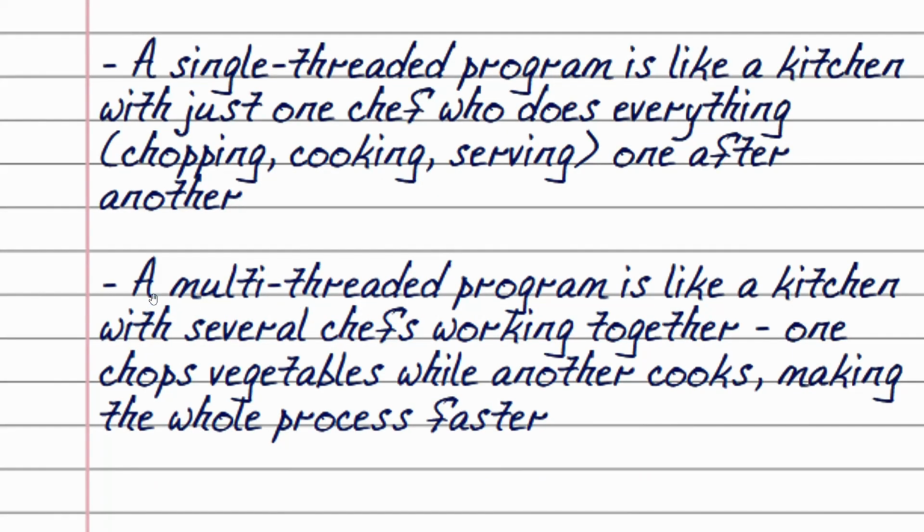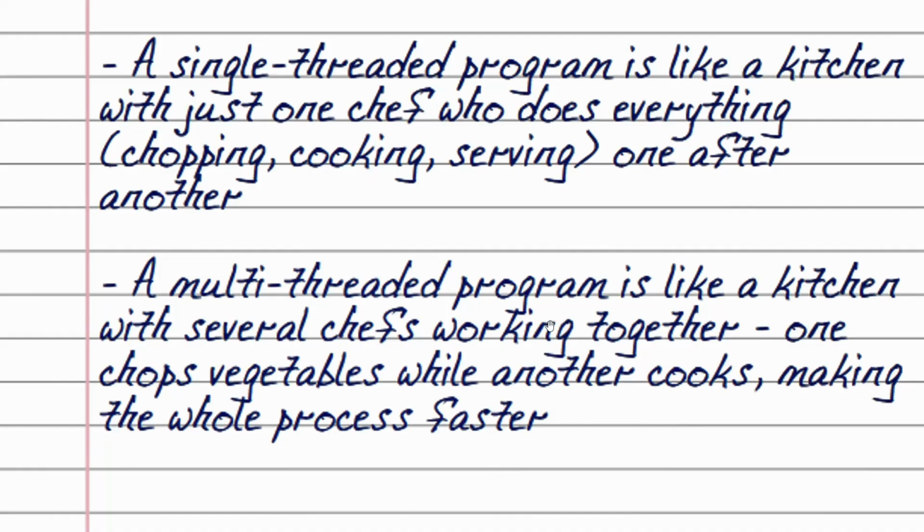And then we have a multi-threaded program. The multi-threaded program is like a kitchen having several chefs. One chef will do chopping, one chef will do cutting, then one chef will do cooking, and another chef will do serving. We have multiple chefs.